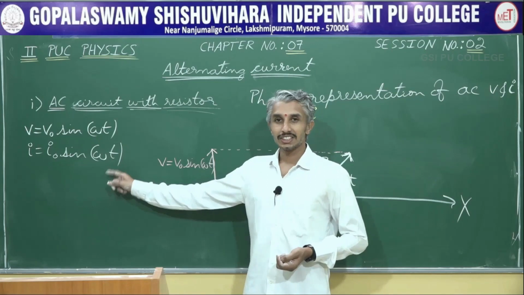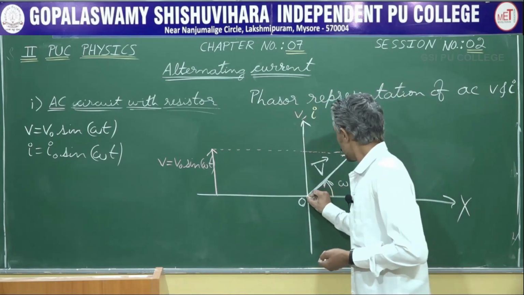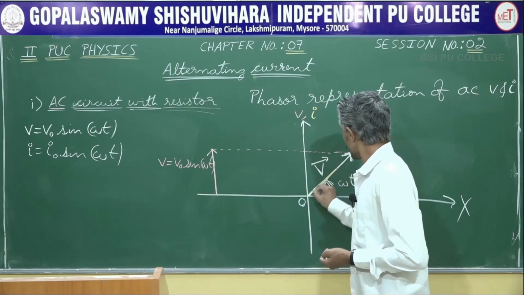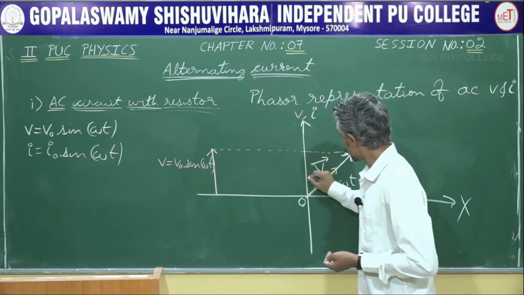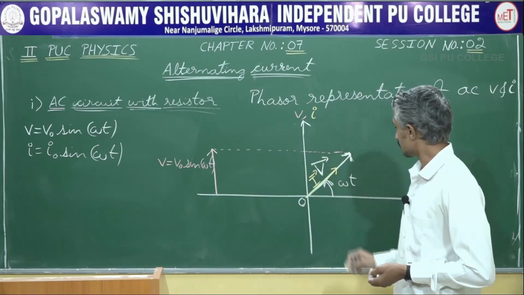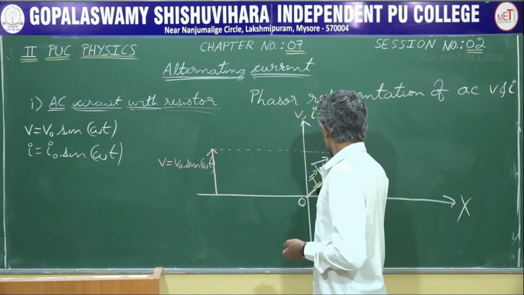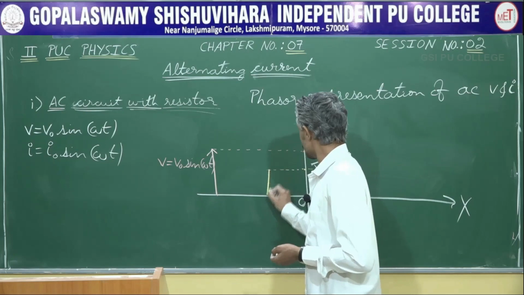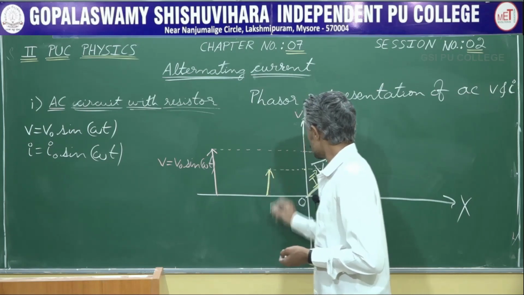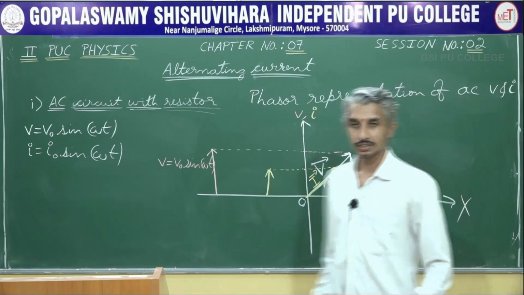Now what about the AC current? So we can also draw another vector I and its projection along y axis is going to give us the instantaneous value of AC current.